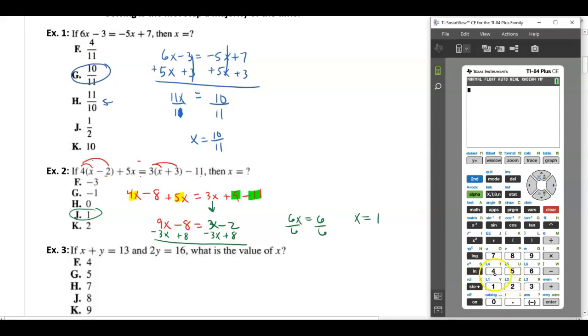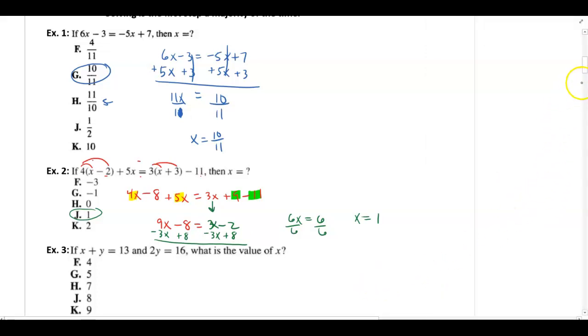So 4, open parentheses, 1 minus 2, close parentheses, plus 5 times 1. Hit enter. I get 1. Then I'll do the other side: 3, open parentheses, 1 plus 3, close parentheses, minus 11. Does the left side end up equaling the right side? Yes. Therefore, you know you are correct.